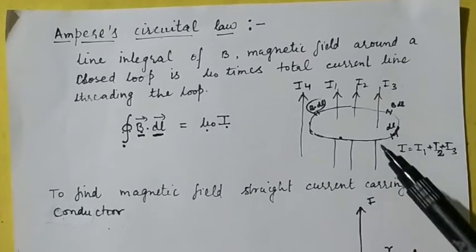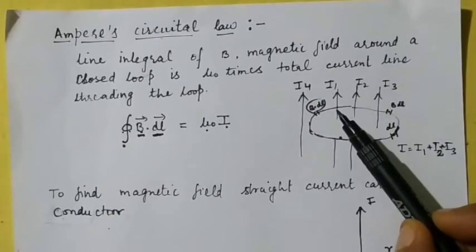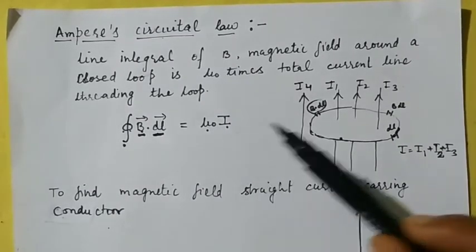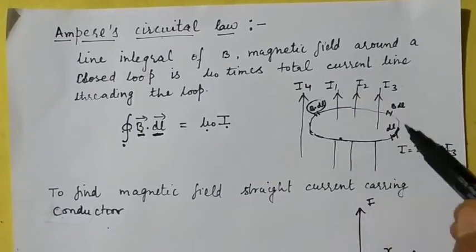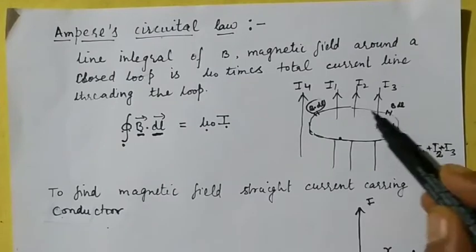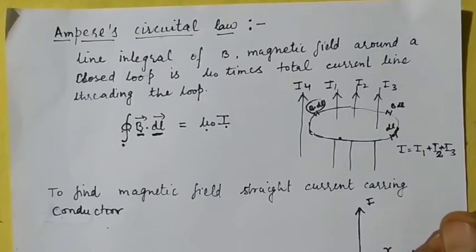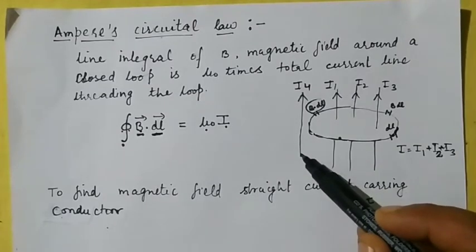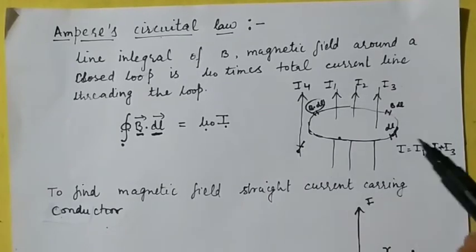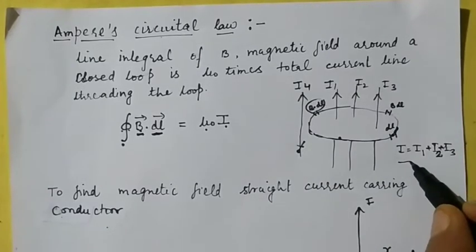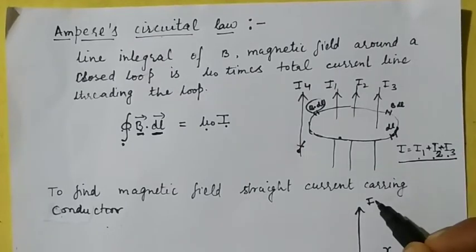Then we observe that the integral of B dot dl will always be equal to mu naught times the current lines which are cutting this loop. So I have this loop and these current lines are cutting this loop. This part is outside the loop, so it will not contribute. So the total current threading the loop is equal to I1 plus I2 plus I3.